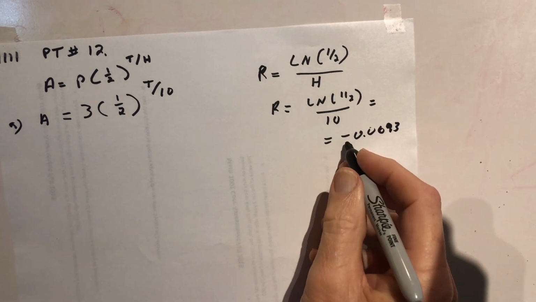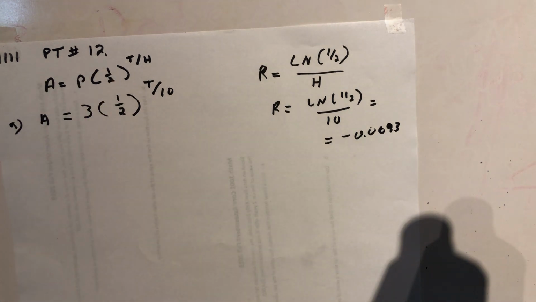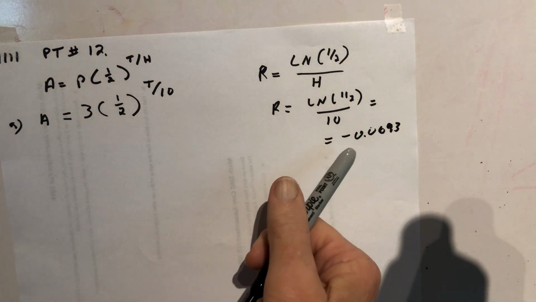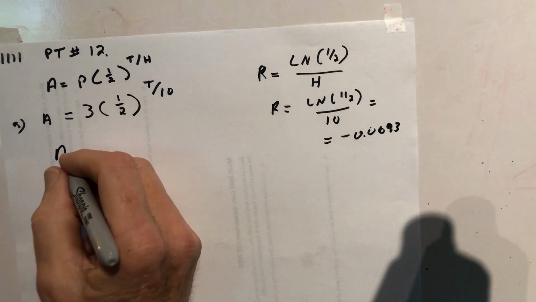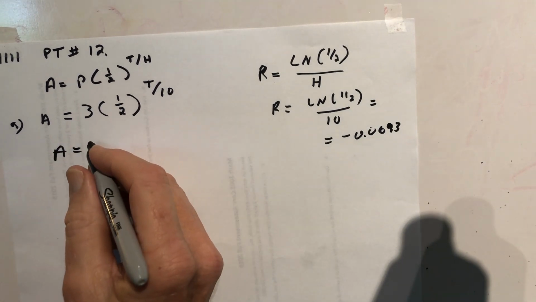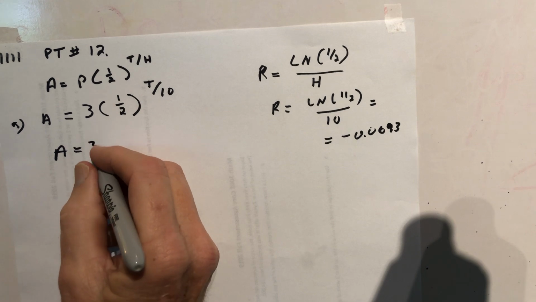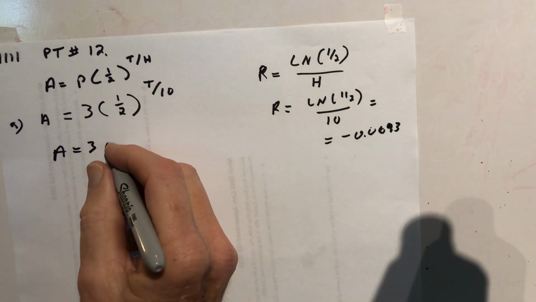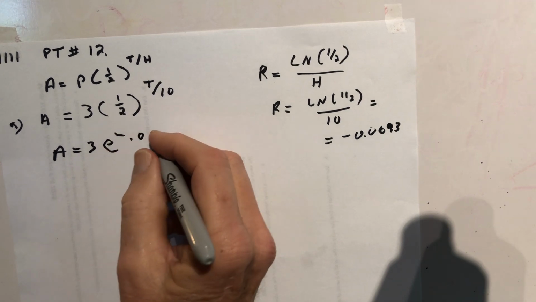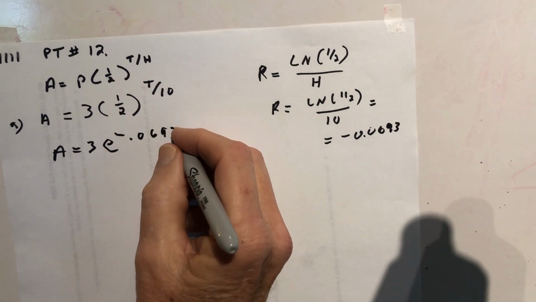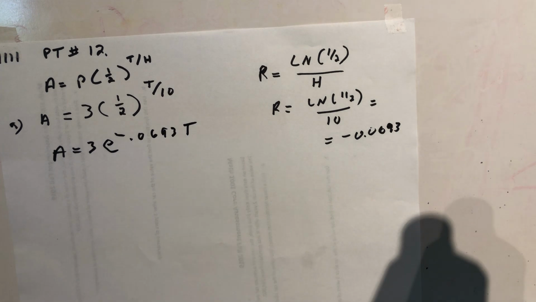Why is it negative? Because its half-life is getting smaller. Anytime things are going down, you have a negative if it's PERT. So now we're going to switch to PERT. A equals P. P is still 3 grams. Instead of half, we're going to put e raised to the negative 0.0693 t. We don't know what t is. That's your formula. That's part B.